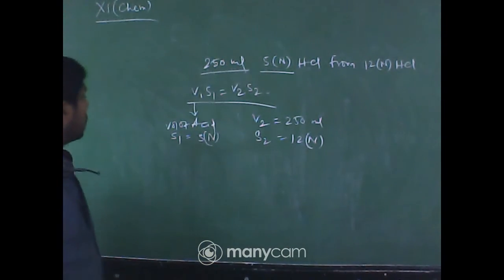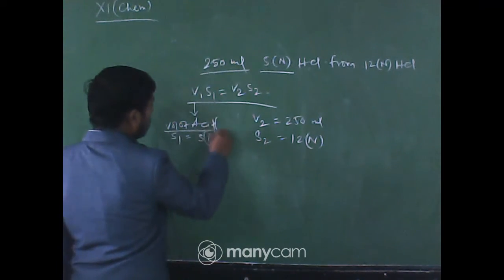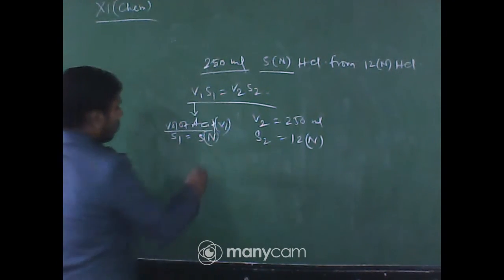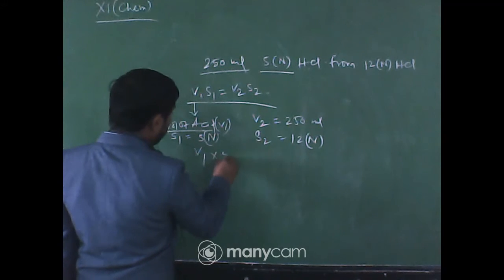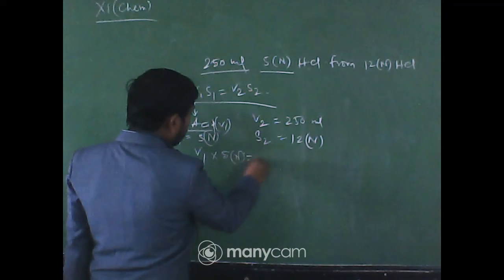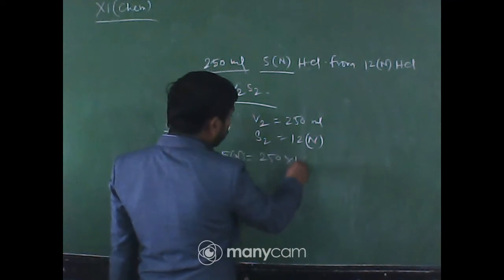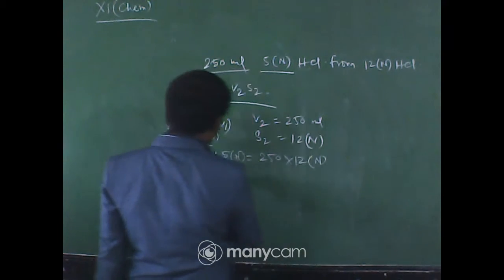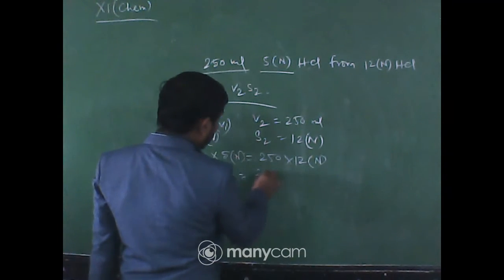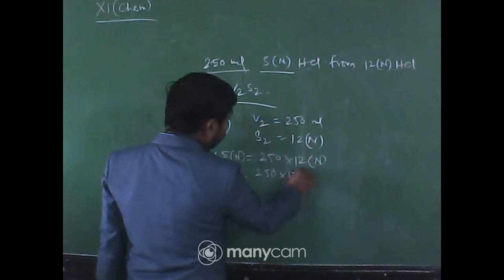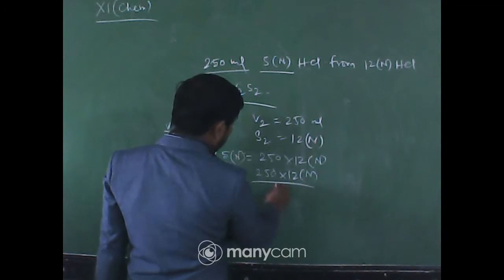Now one unknown is the volume of acid, V1.